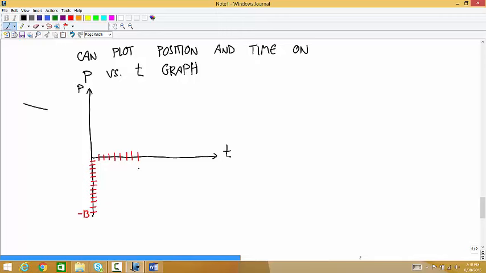And so this point on the graph indicates the position and the time at that instant shown. Okay?